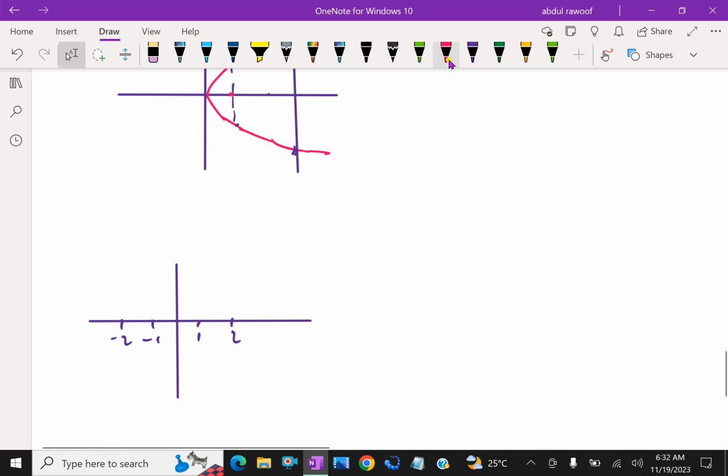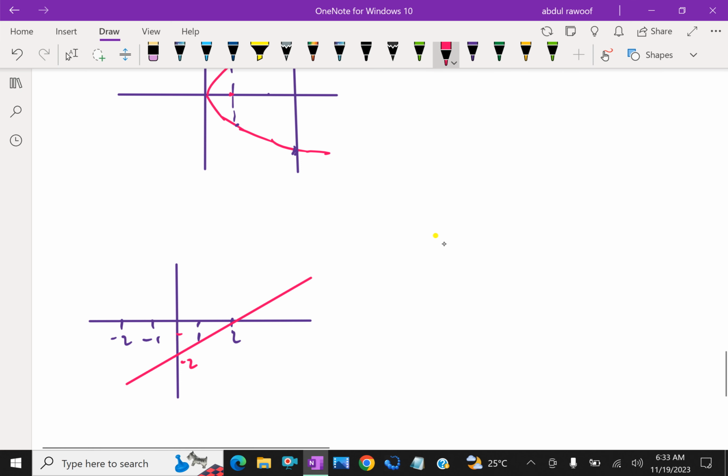This is a function because for each value of x there is one value of y.